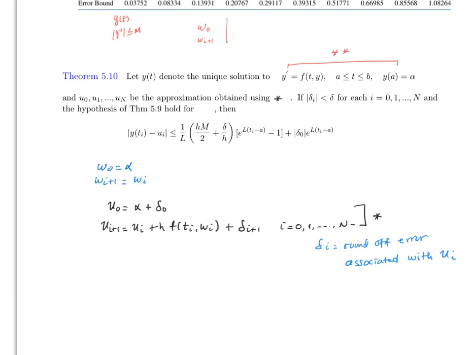So let me just make sure that this is clear. The solutions we did before when we applied Euler's method was this. Here we're just talking specifically about the error bounds.